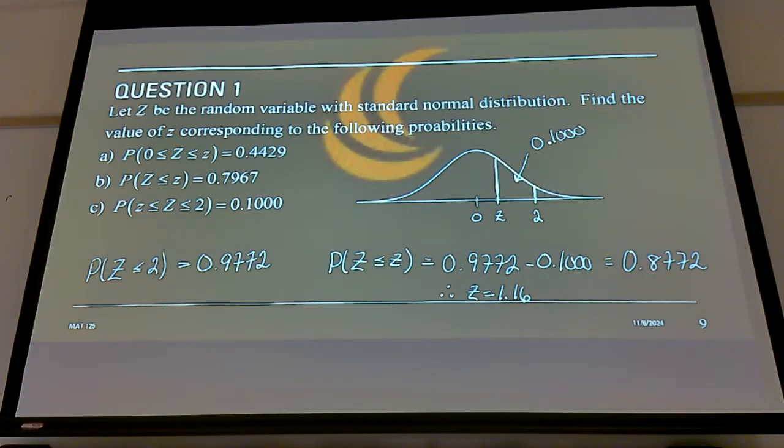So obviously that is going to be a limitation, because the chart only goes up to 2 decimal places on the z-score. So that is a massive limitation.